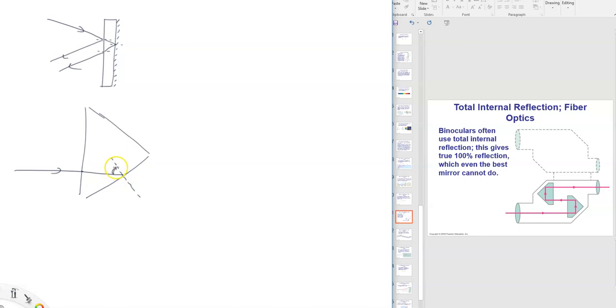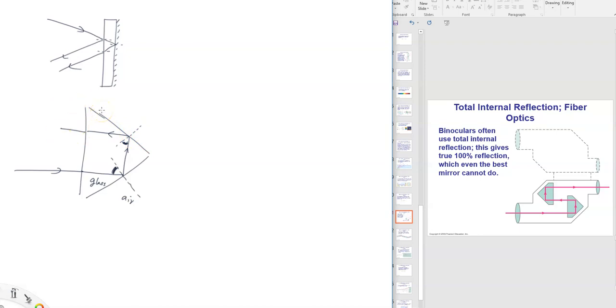If this angle is bigger than the critical angle of glass to air, it's going to reflect. So they make these arrangements in such a way that it strikes the next surface. Over here, this is the incident angle. If this is bigger than, again, glass to air, it's going to reflect like this, and it will come out.